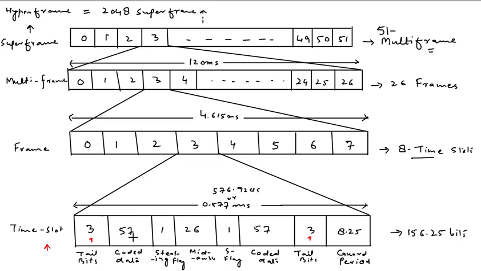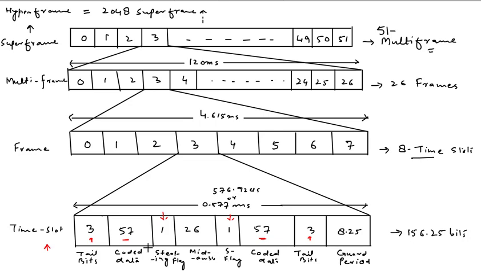Then we have 57 bits of coded data, and again 57 bits of coded data here. In the previous burst formats, we have seen that in normal burst we have 58 bits, but those 58 bits include this single bit as well. And here this single bit is representing a stealing flag, and this stealing flag tells whether the transmission is control information or the actual payload transmission.